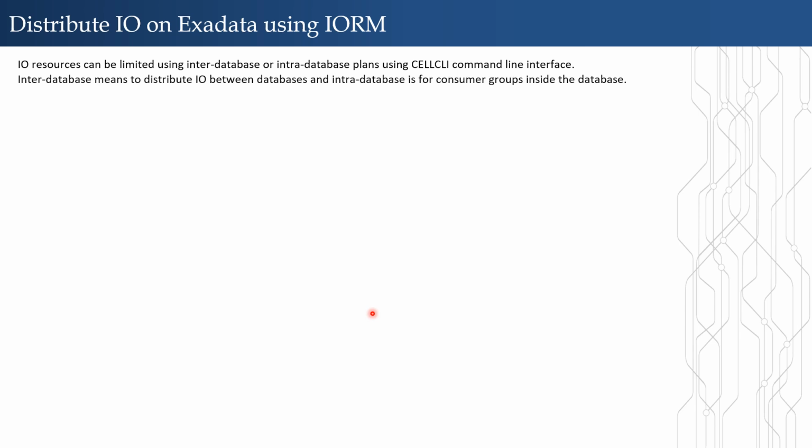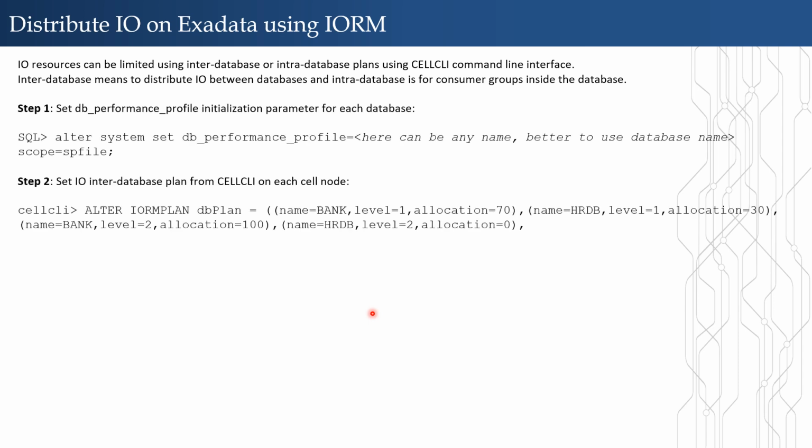I/O resources can be limited using inter-database or intra-database plans using the cell CLI, command line interface. There are several ways to do that. I choose one of the following by setting DB performance profile to the value, and after that the database needs to be restarted. We will use this value in the configuration in the rules, for example, the bank will have 70% of resources on the first level and the HRDB will have 30%.